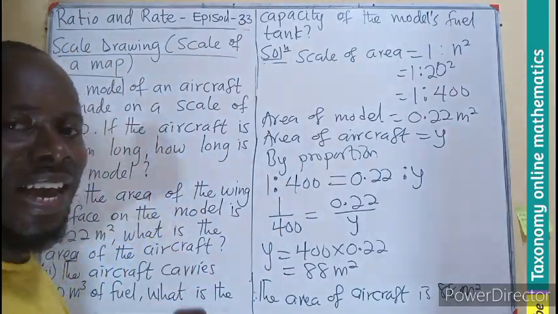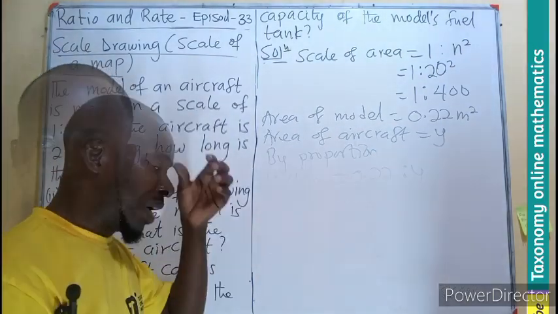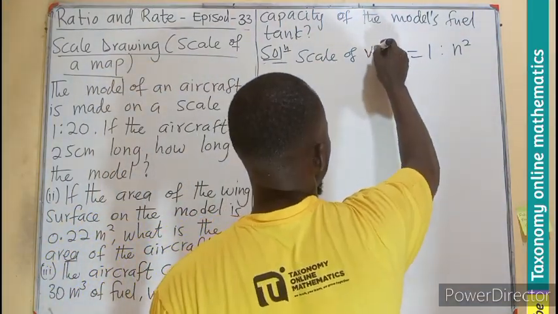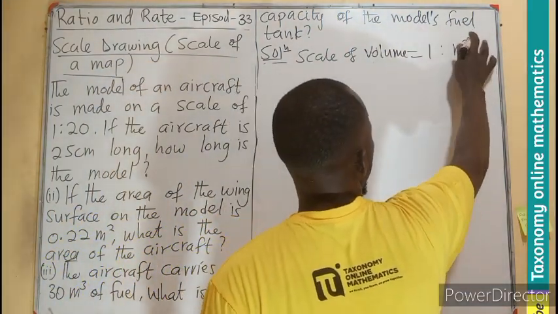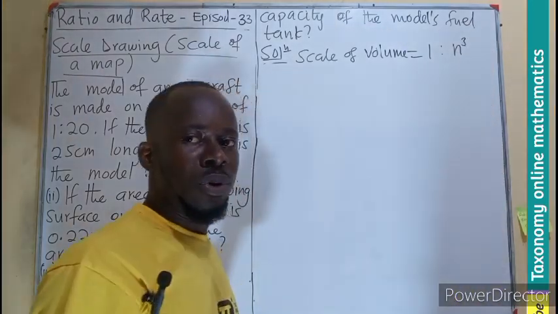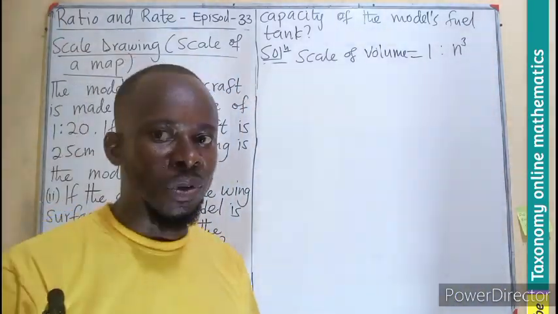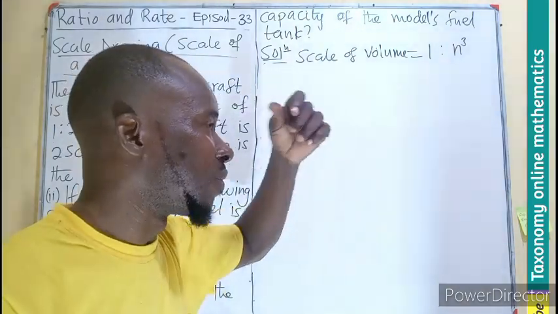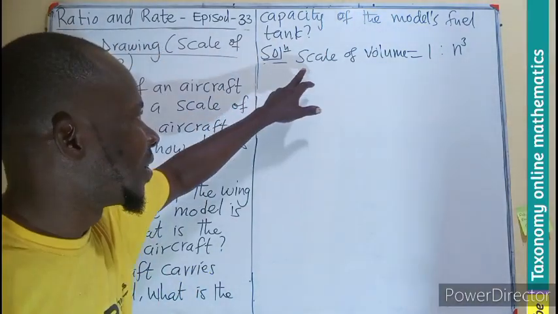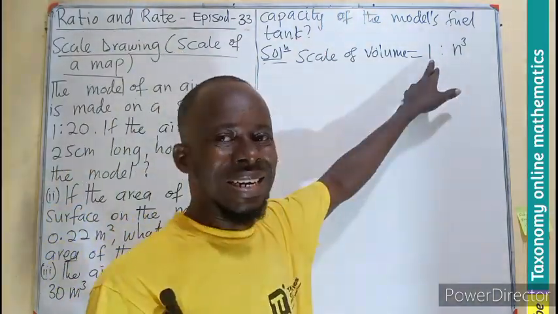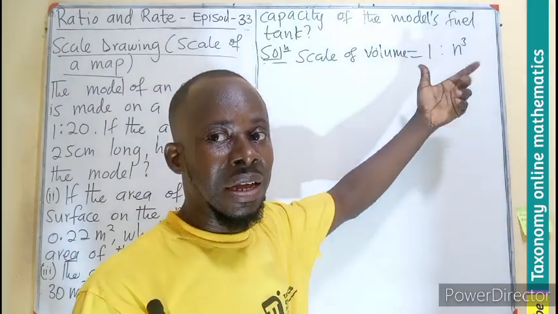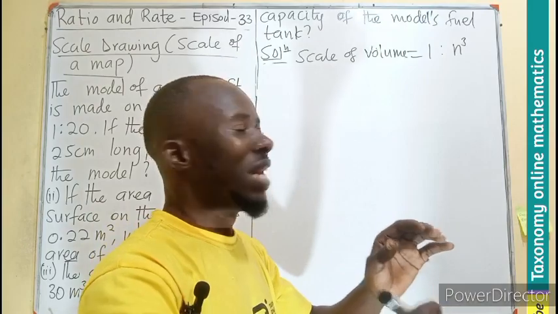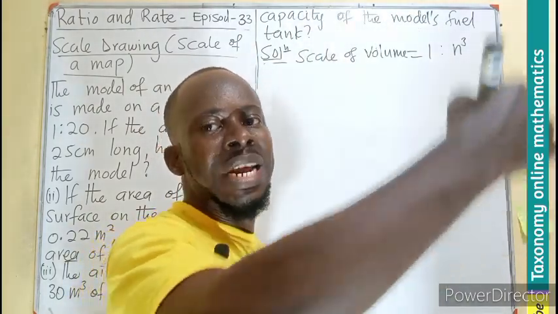Good. The next is to find the volume. When they come to capacity, which is the volume, it also has the scale of volume equals 1:n cube. If you watch our first episode, you see the formula for the length, the area, and the volume as we derived. So now the scale of volume is going to be 1 centimeter cube or 1 meter cube on the model equals n cube on the airplane.